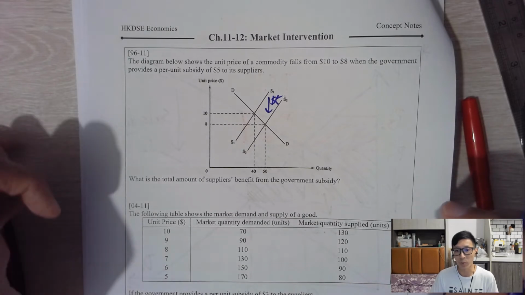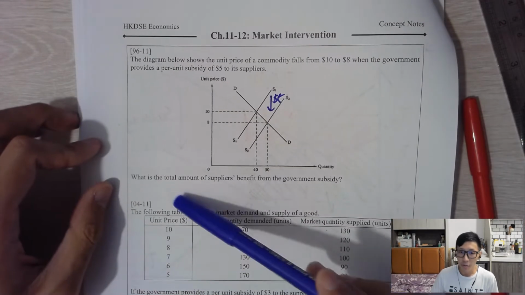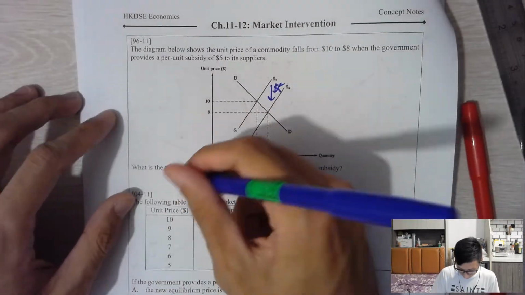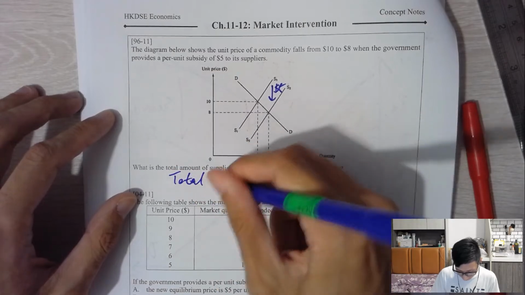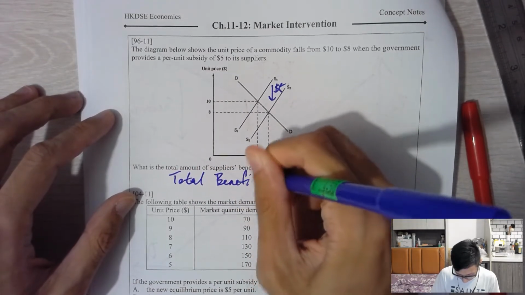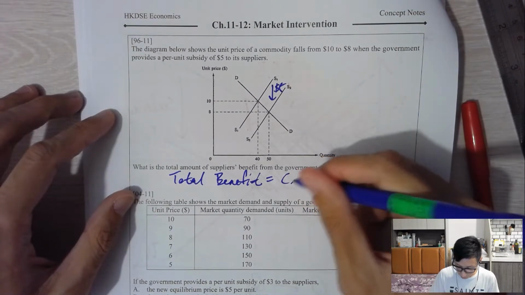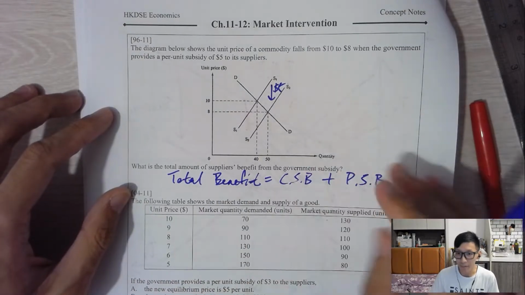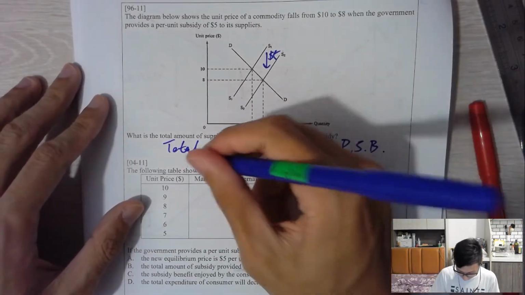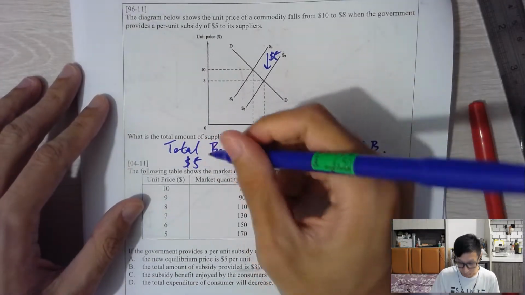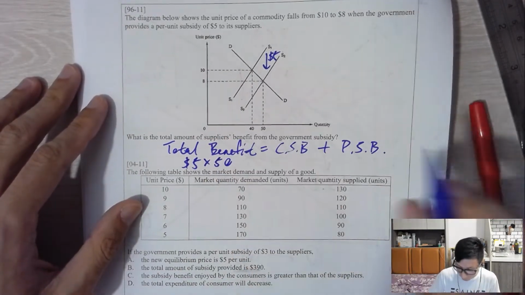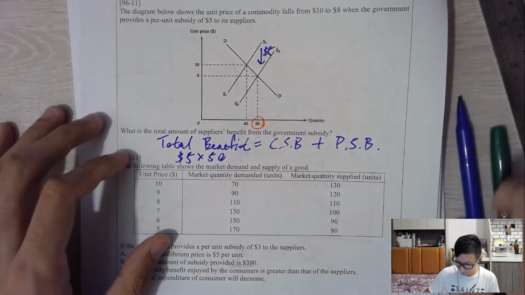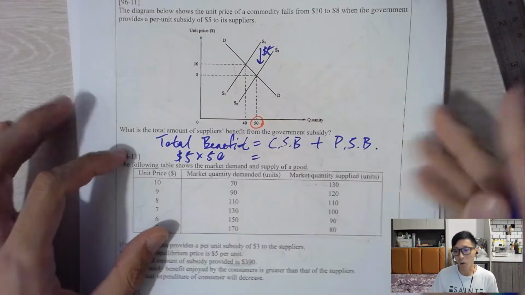First of all, total benefit equals consumer subsidy benefit plus producer subsidy benefit. Total benefit, can you calculate? $5 per unit. We are doing 50 units, be careful, it's Q2. 50 units.